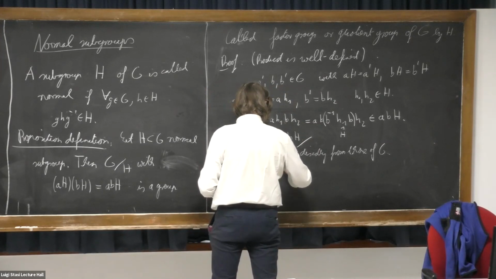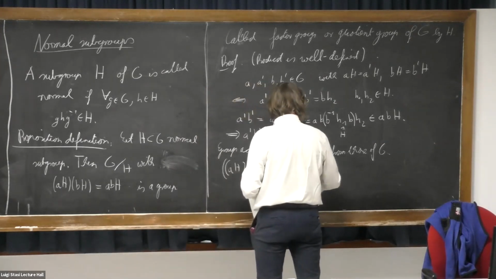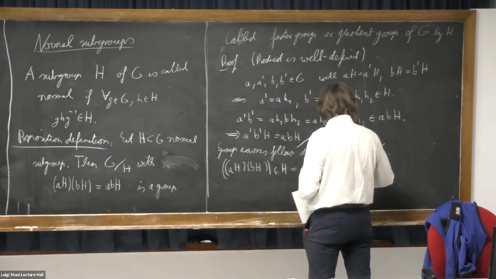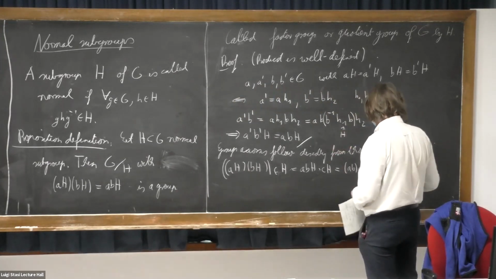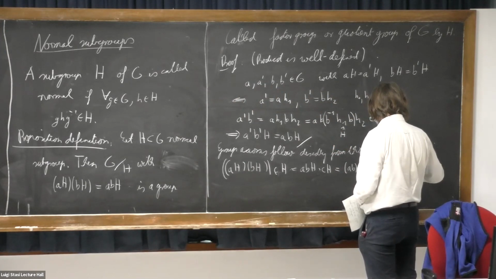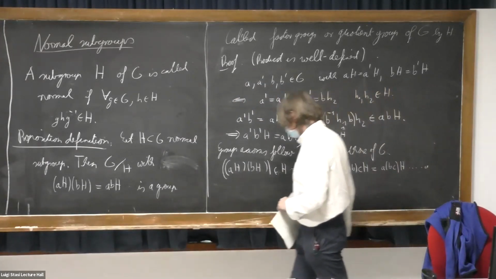Then this is aH times bcH, which equals abcH, and one can follow back and reverse the steps.